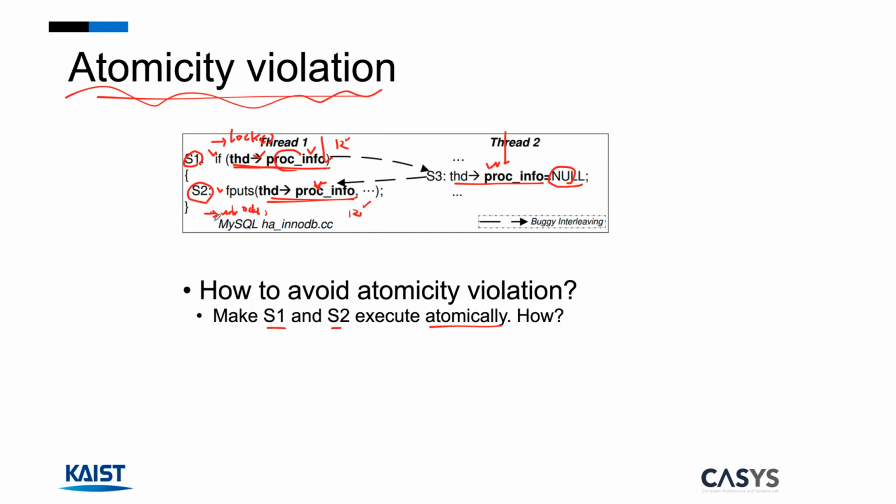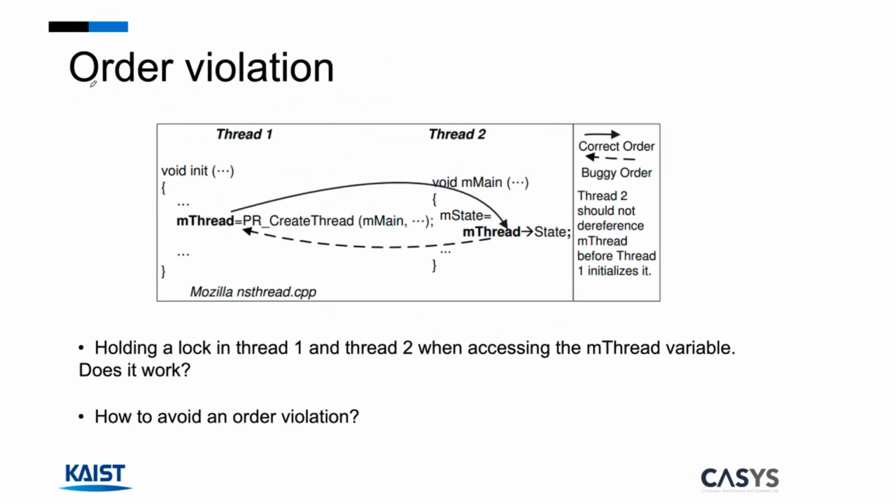The other condition is called order violation. In an order violation, you assume some specific program execution order. For example, when thread 1 creates a thread, the thread variable holding a kind of thread identifier is allocated, and after that, thread 2 can access this mThread struct identifier to access state.